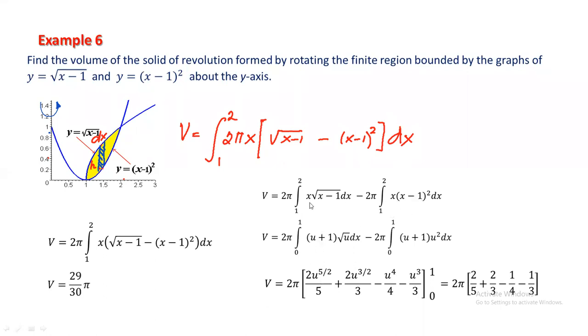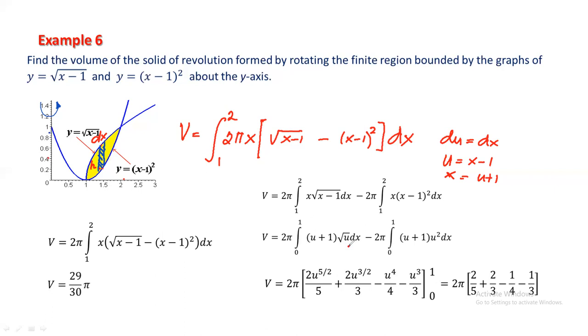And if you will use the substitution again, you will have u equal to x minus 1. So in this case, your x is equal to u plus 1. Your du is equal to dx. Okay, so you have now u plus 1 for the x, and this one, your x minus 1 is square root of u, as you can see here. Then you have dx, and you have 2 pi. This should be already du because your dx is du.